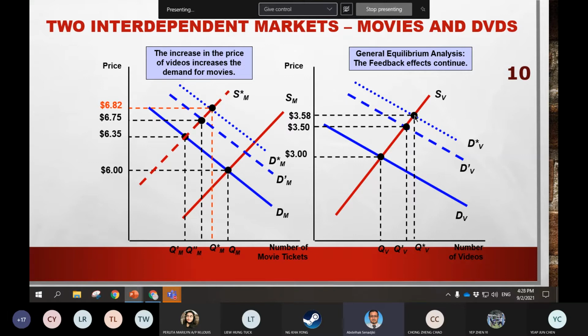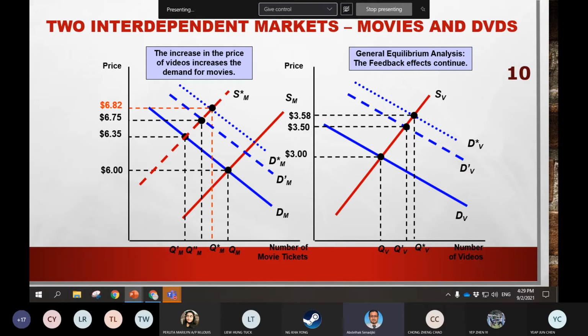The same thing here: this will lead people to go back to DVD rental. So the demand for DVDs also increases and goes to D star V, where the price is 3.58. So this feedback effect keeps going and going until it reaches an equilibrium.